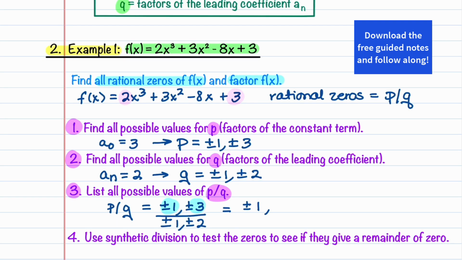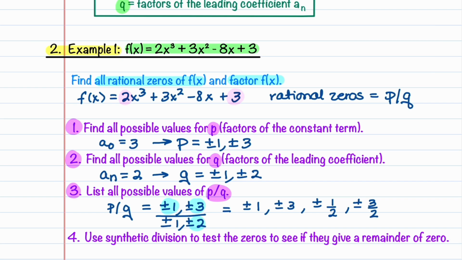Now let's go to plus or minus 3 and divide that by plus or minus 1, and we get plus or minus 3. Now we're going to divide plus or minus 1 by plus or minus 2. So this gives us plus or minus 1/2. And then we'll divide plus or minus 3 by plus or minus 2, and that's plus or minus 3 over 2. So those are our potential rational zeros.